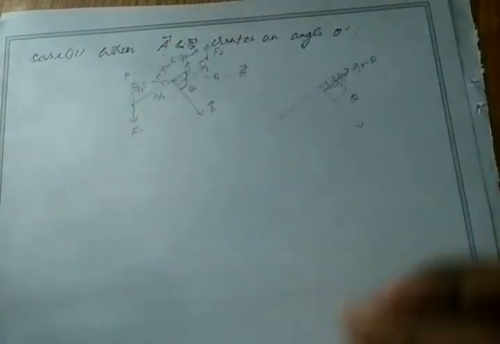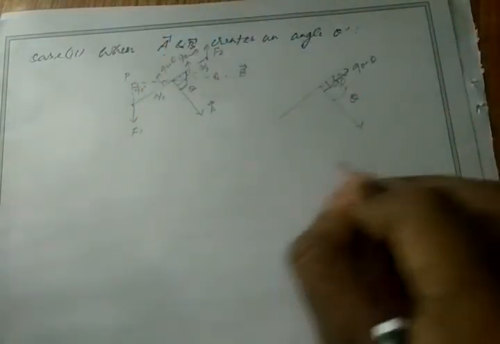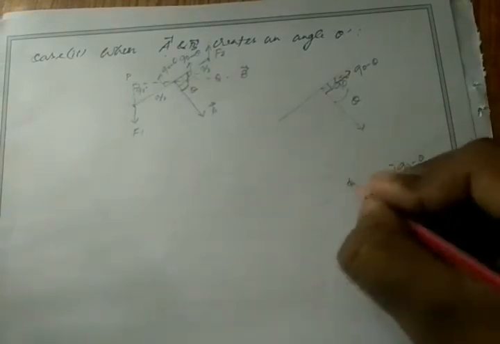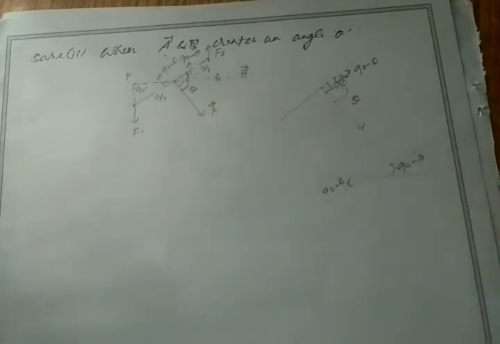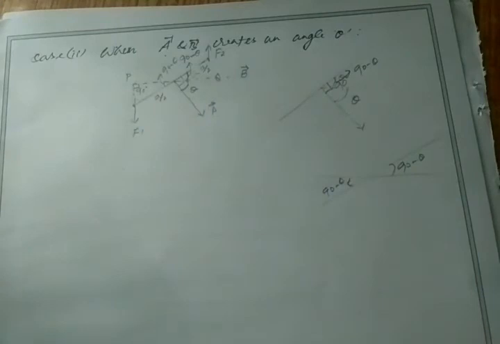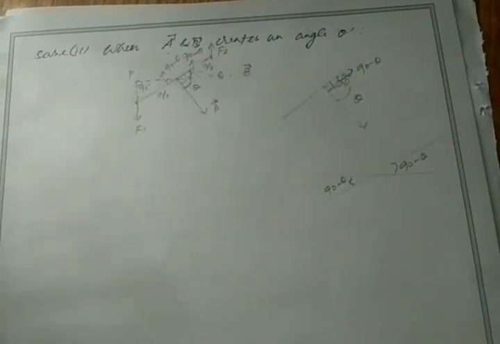Okay, so here, if this is 90 degree, then this angle will be 90 minus theta. This total angle is 90 degree, and this angle will be 90 minus theta. As I said already, opposite angles should be equal. So in this line, if this is 90 minus theta, then this is also 90 minus theta. Okay, then what will be this angle? How to find this angle? In a triangle, the total angle is equal to 180 degree.